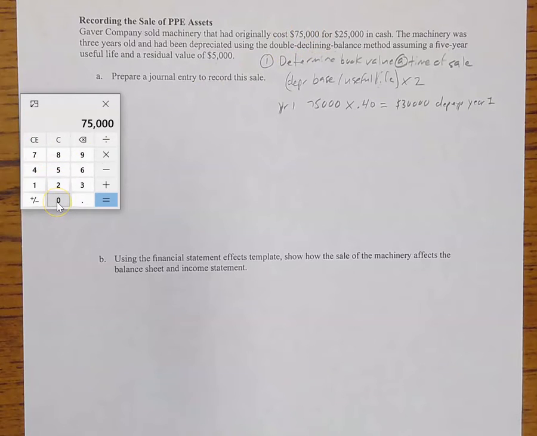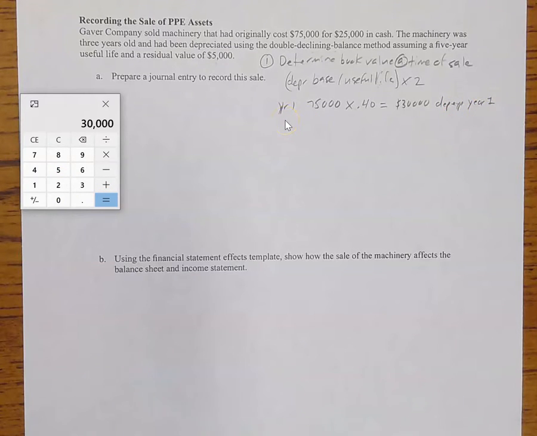So I'm going to take 75,000, but this time I'm not going to multiply by 0.4. I'm going to divide by 5, and then multiply that by 2. So we get the same 30,000, and that's depreciation expense for year 1.